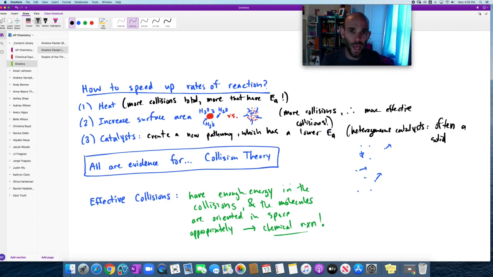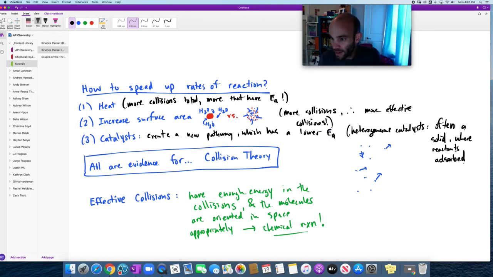It's a process called adsorption. It's kind of a hard word to say. Often a solid where or on which reactants adsorb. Of course, you're familiar with the word absorb, A-B-S-O-R-B, but this is A-D-S-O-R-B, and that's molecule by molecule kind of getting stuck into another substance.